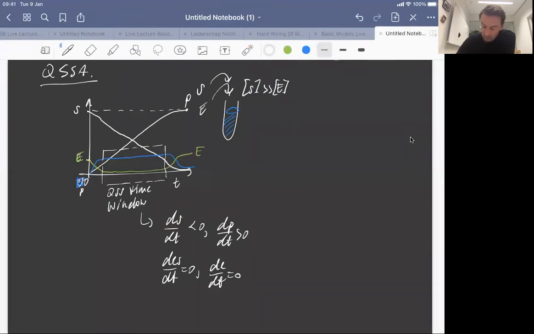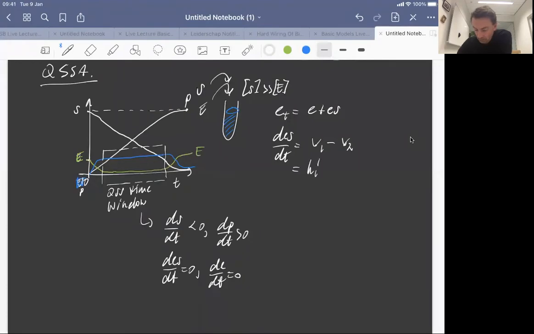Now, the other thing that we know is that E total is E plus ES. So we have a conservation of protein because there is no net synthesis of protein or decay of protein. The enzyme is only going into different states and we regenerate it again at the end of the reaction cycle. Now, the other thing we know is that dES/dt equals V1 minus V2.